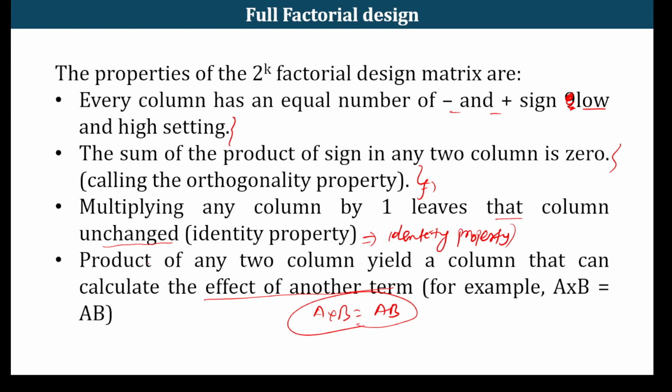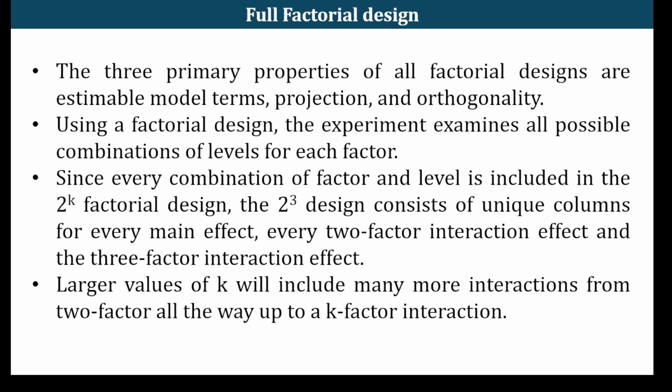And the product of any two columns yields a column that can be used to calculate the effect of another term. Okay, so the primary properties of all factorial designs are estimating the model terms, projection and orthogonality. So they are going to estimate all three factors, and in that we have projection and orthogonality.